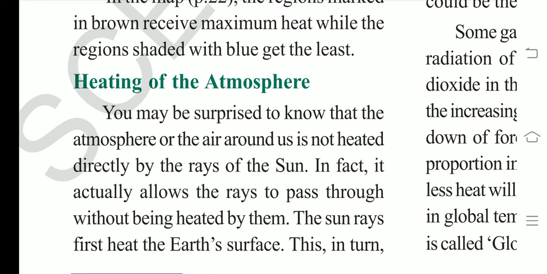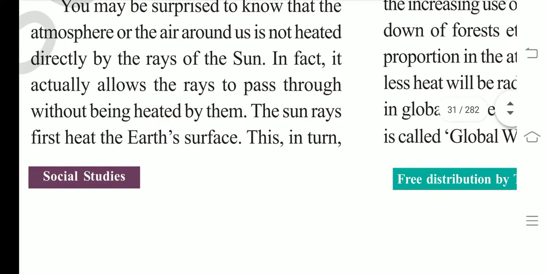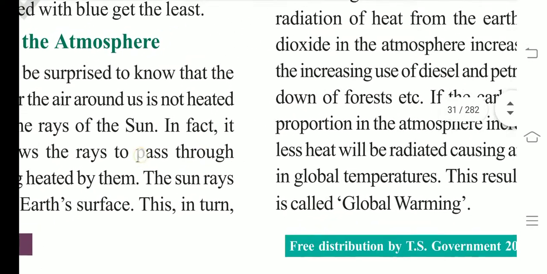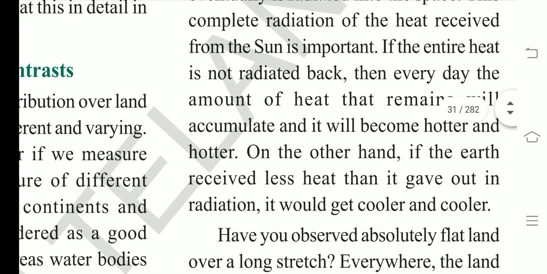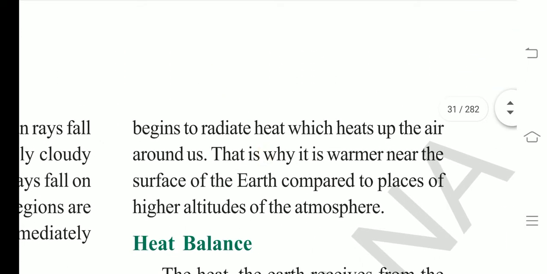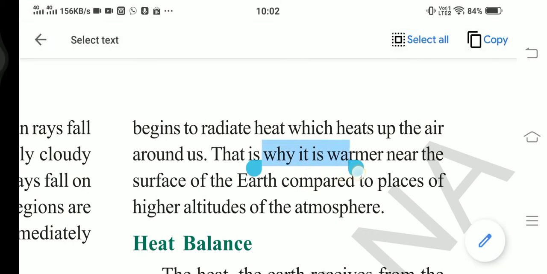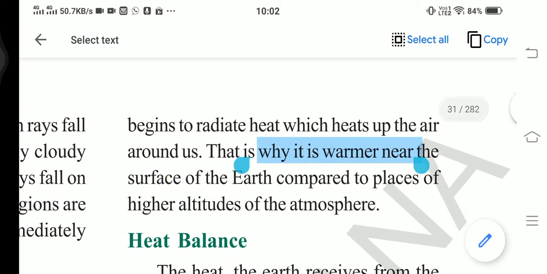It is not by the solar radiation, right? You need to keep this in mind. The earth in turn begins to radiate heat, which heats up the air around us, and that is why the lower layers of the atmosphere are warmer. The lower layers of the atmosphere are warmer than the higher layers.